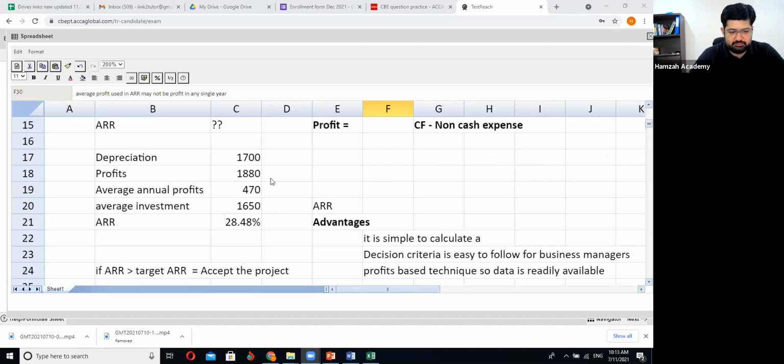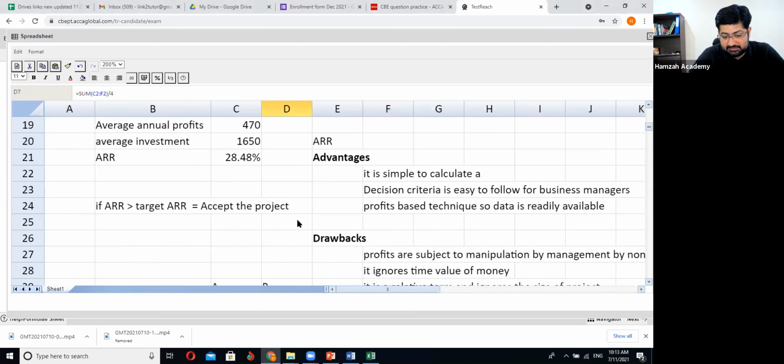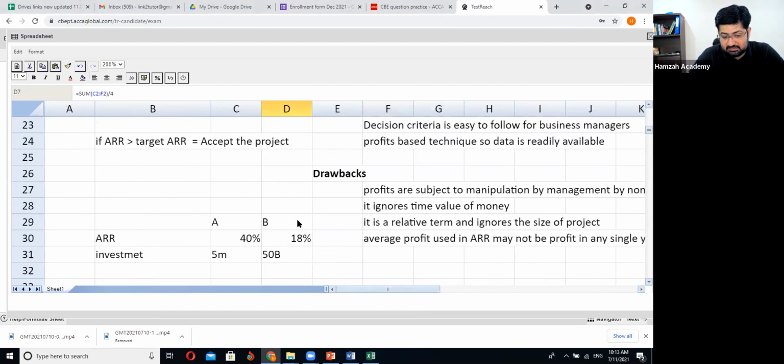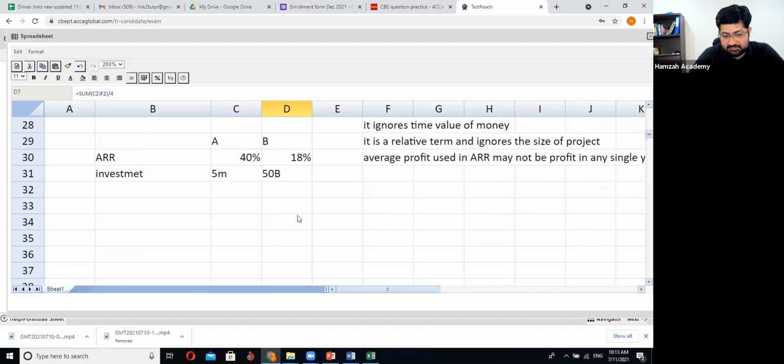Let me show you. You see, we used average annual profit here. It is not a profit earned in any single year. Here we have 350, 430, 57. What are we using? Average profit. So again, a drawback.